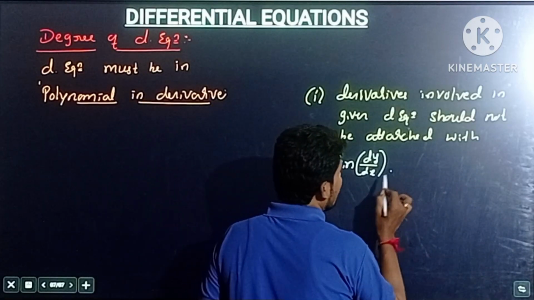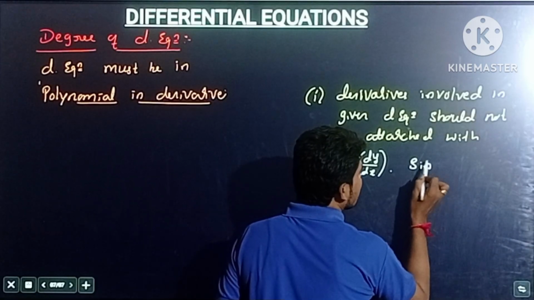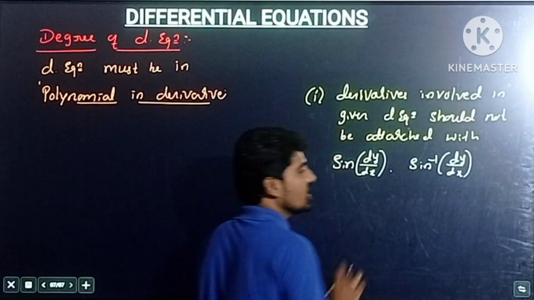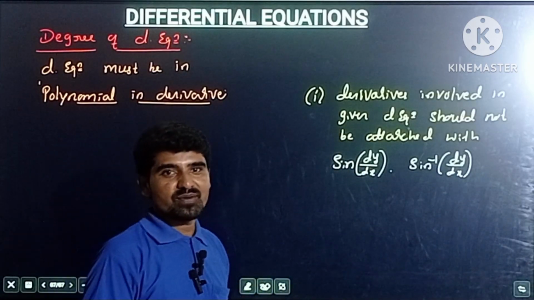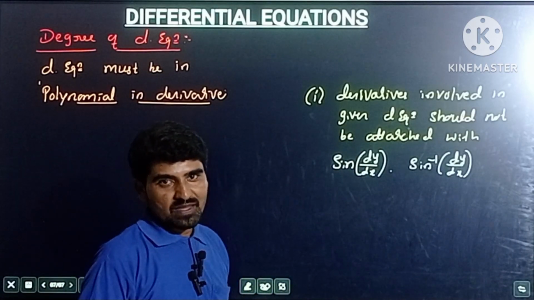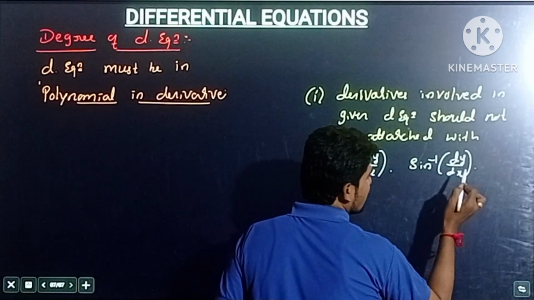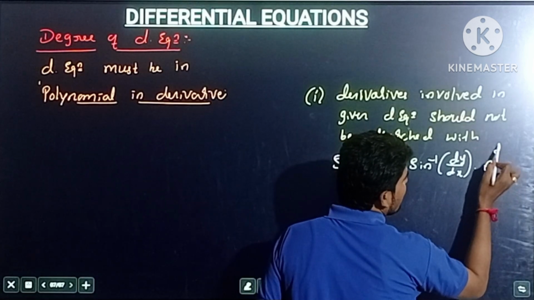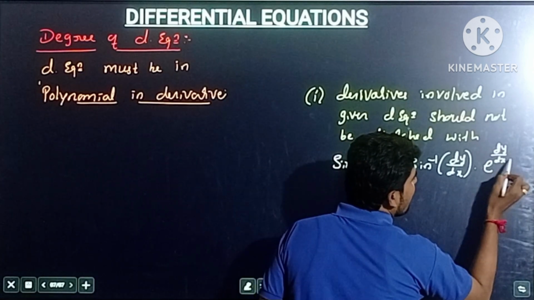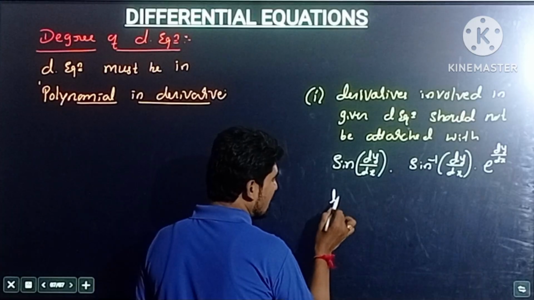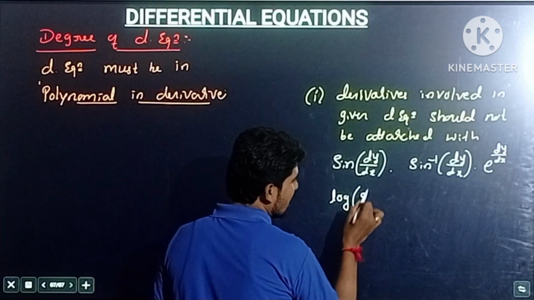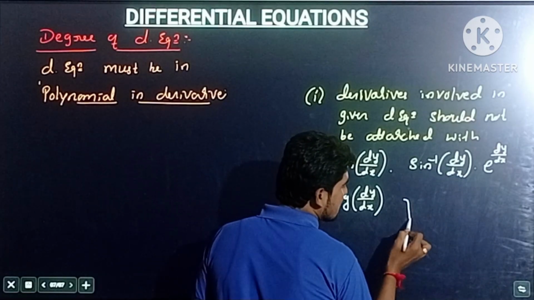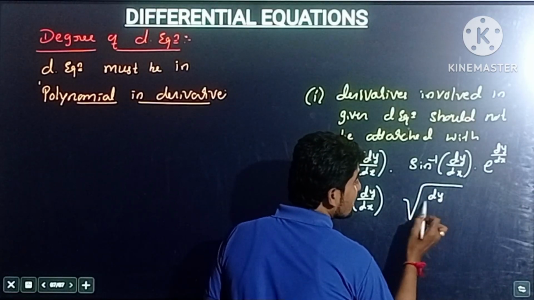And second, the derivative should not be attached with inverse trigonometric functions. For example, sine inverse of dy by dx, cos inverse of dy by dx, and all the others. And the differential equation should not have the exponential function e power dy by dx, or the logarithmic function log of dy by dx, and the derivative should not exist under a square root.